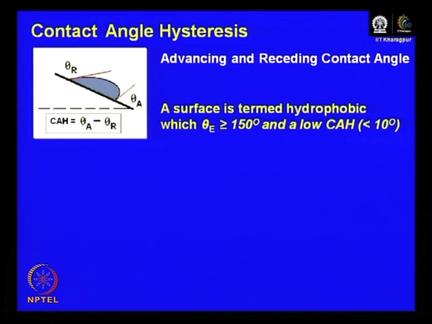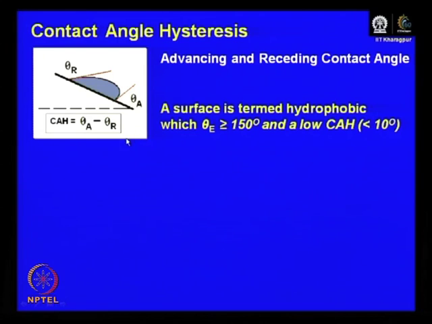We have already talked about hydrophobic surfaces in the context of structural superhydrophobicity or the lotus leaf effect. When the liquid is water, a surface is conventionally termed superhydrophobic when the equilibrium contact angle exhibited on the solid surface is close to around 150 degrees, and it also exhibits a low contact angle hysteresis of around 10 degrees or lower.